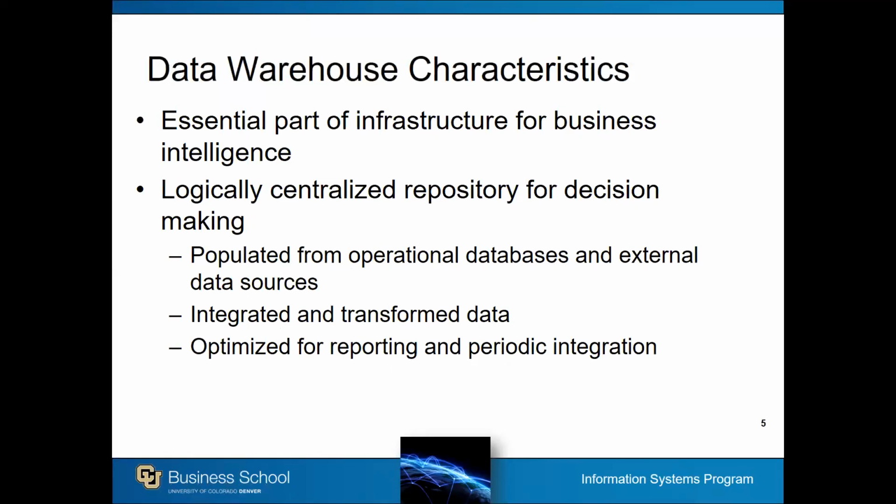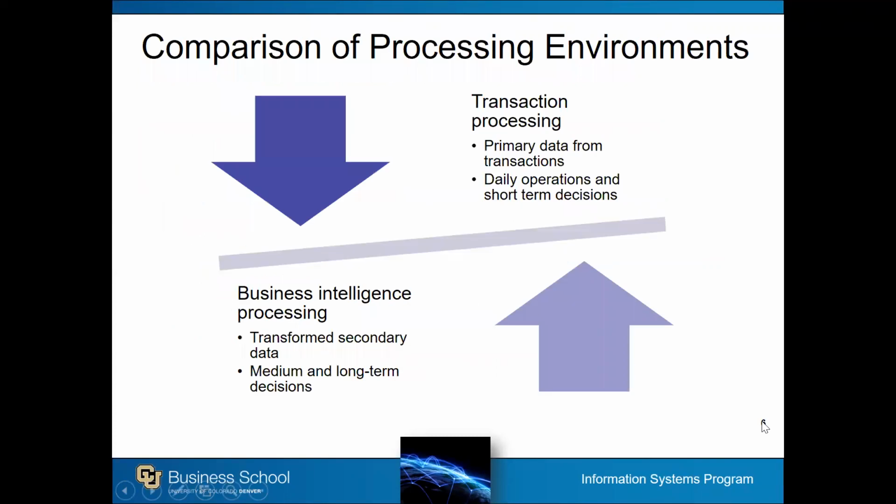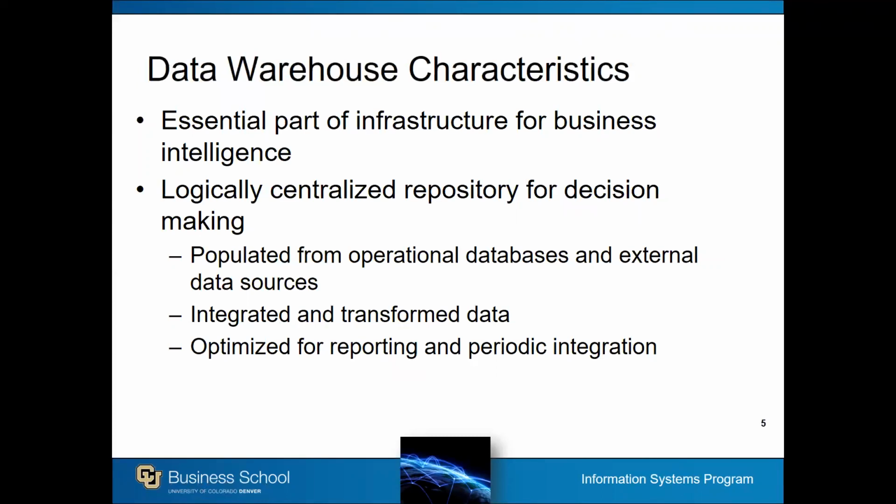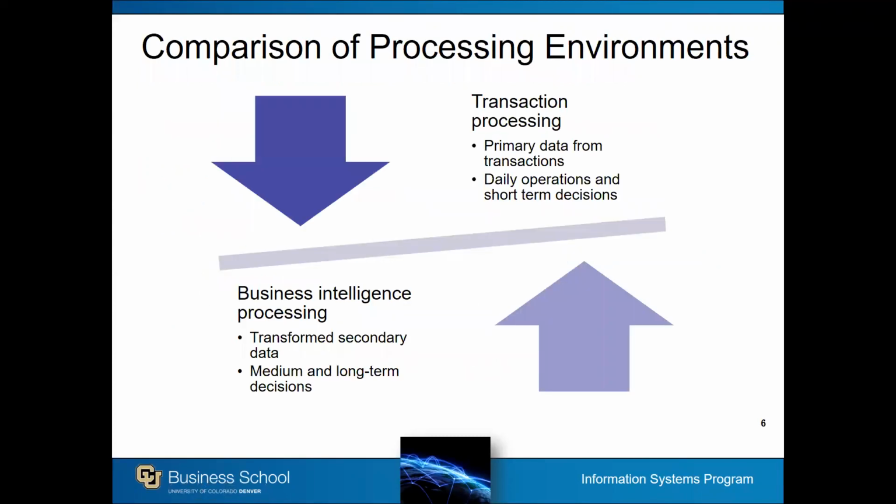We take that and transform it into data that we can use, primarily put it into a table, and then optimize it for reporting and periodic integration. This all is a balancing act between the processing and business intelligence processing. So we're balancing current needs versus future needs and more complex needs of data.